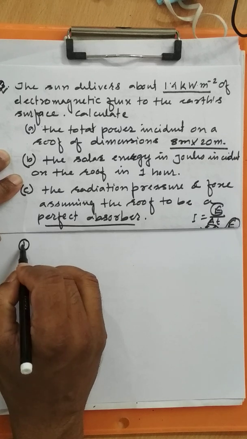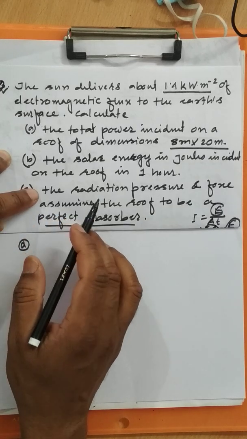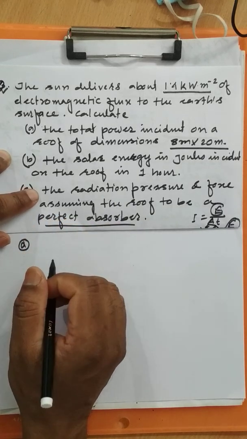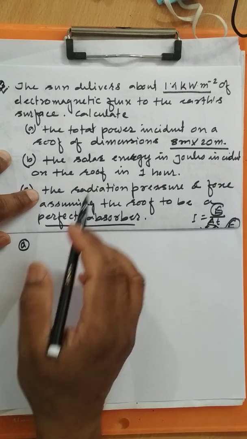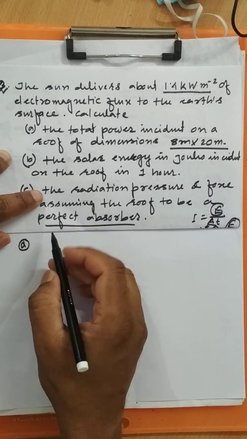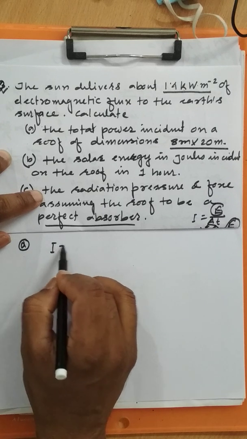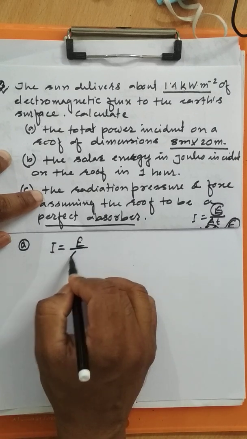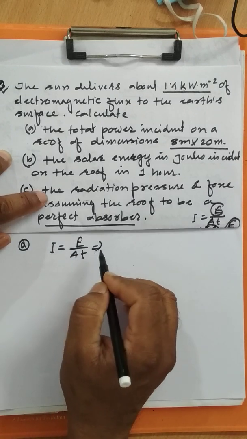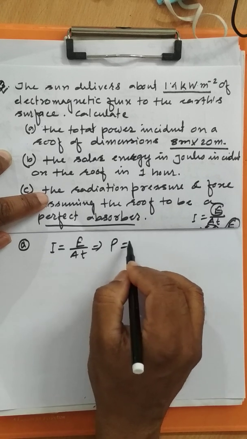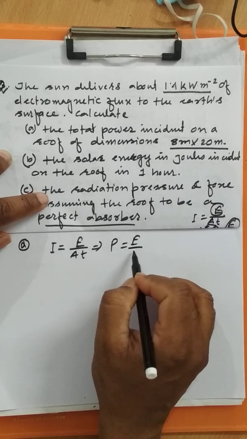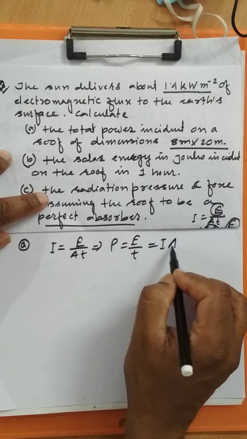First point is about the total power incident on the roof of that dimension. Okay. What is given in the question is intensity. Intensity we know is energy divided by area divided by time. Clear? And power is nothing but energy divided by time. So this is nothing but intensity into area.